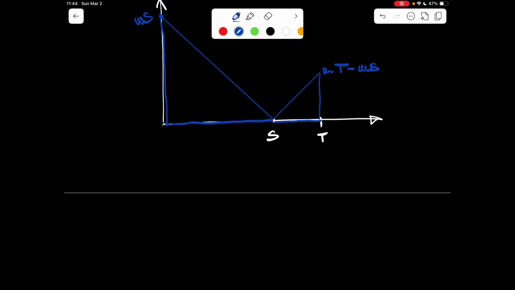Okay, the integral of the absolute value is simple. It's not too demanding. So this is the integral.